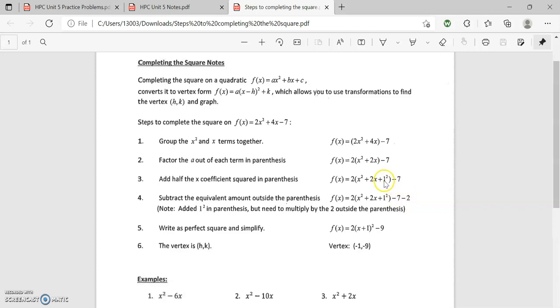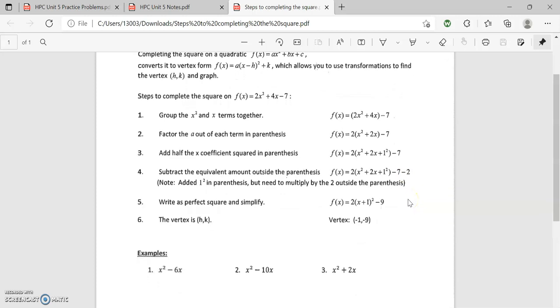We added 1 squared, but keep in mind that anything inside the parentheses gets multiplied by the 2 out front. So we subtract the equivalent amount outside the parentheses. Adding 1 squared in the parentheses means you need to multiply by the 2. That's where we got subtracting the amount of 2.